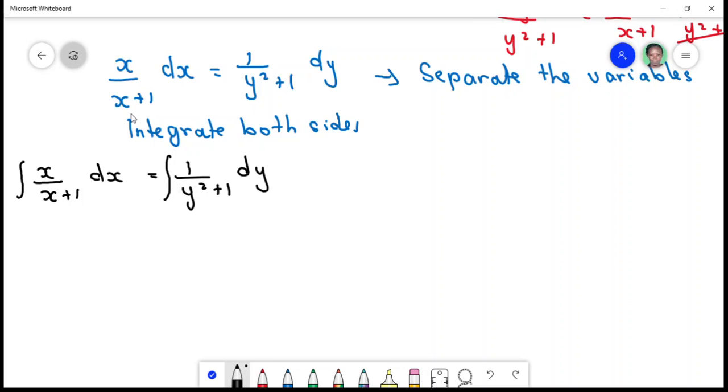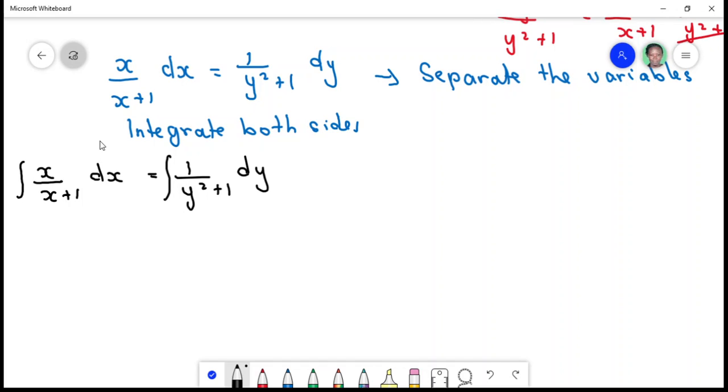This is where we do a revision on our integration. I urge you to revise your integration well, because in finding solutions of differential equations, we make use of integration a lot.